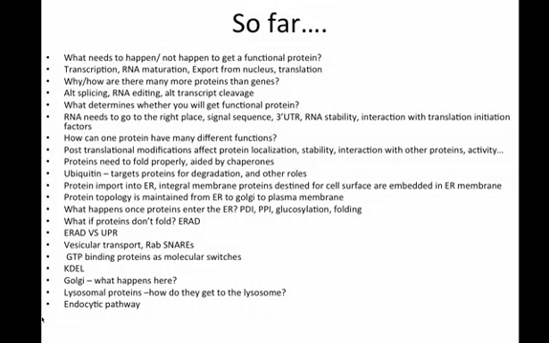Okay, so I keep adding to the list. I won't go through the whole thing. But most recently, we've been talking about vesicular transport. Last time we talked about KDEL, the ER retention signal. That's how ER resident proteins are brought back from the Golgi.